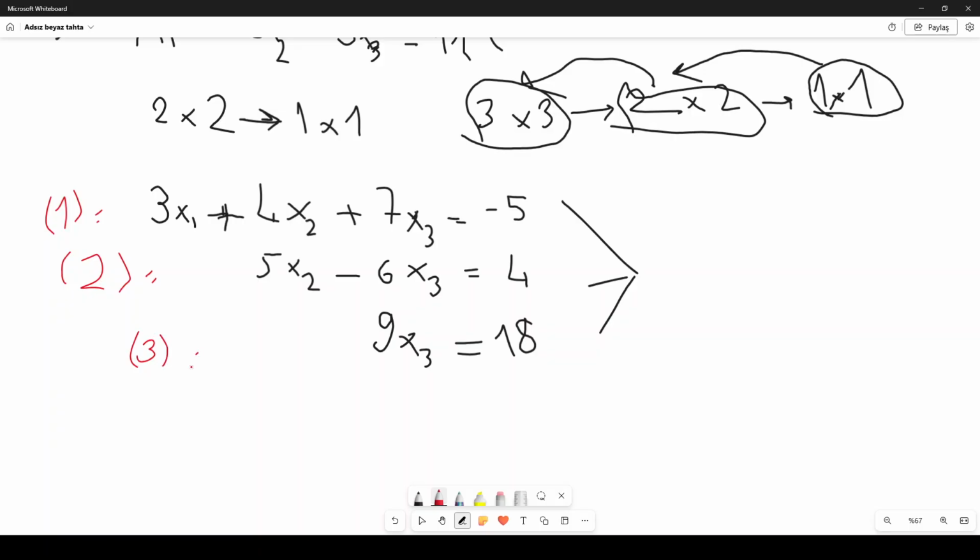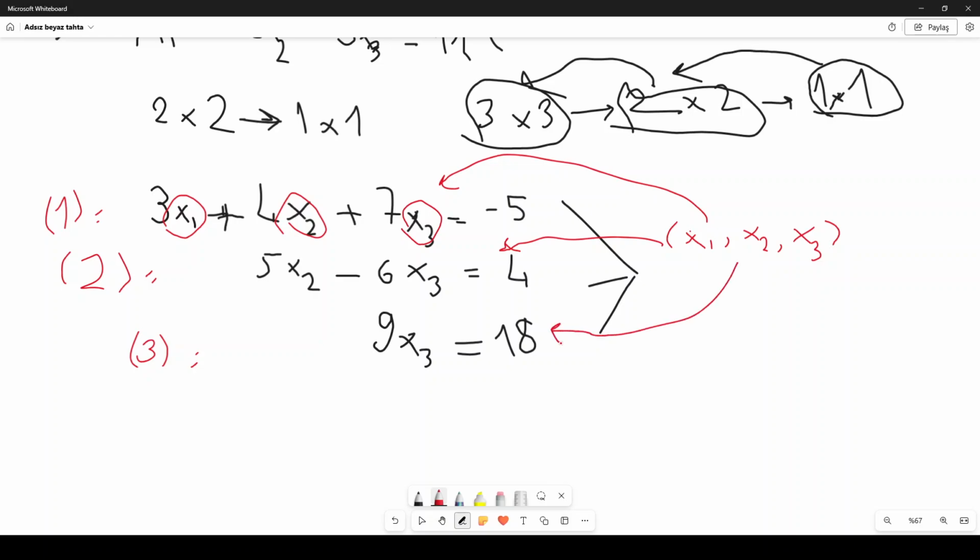So we have 3 equations and 3 unknowns, because we have x1, x2, and x3. So finding the solution of such a system means that we are trying to find such a 3-tuple x1, x2, x3 that satisfies each equation concurrently. Each equation must hold for this vector of values of the xi's.